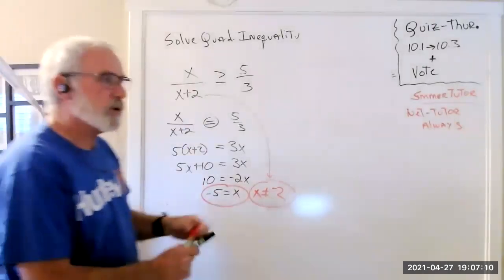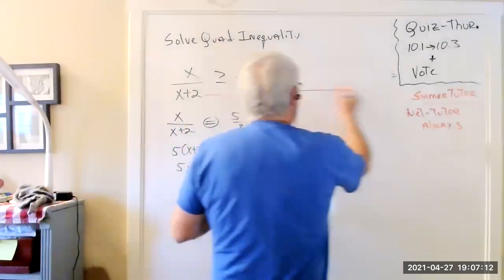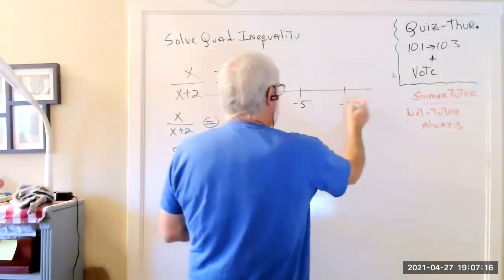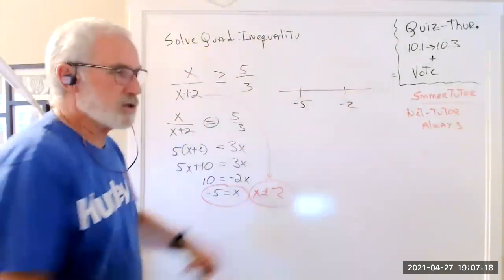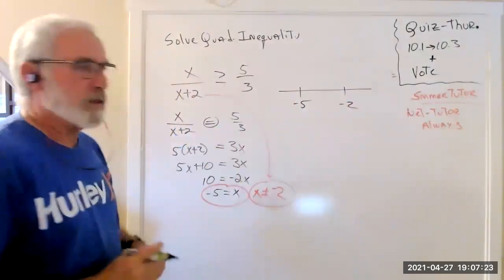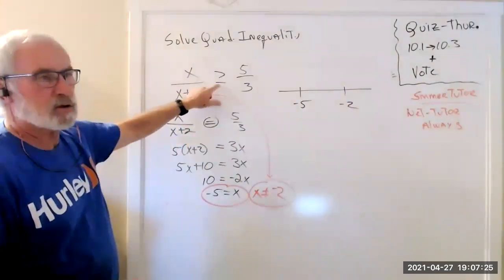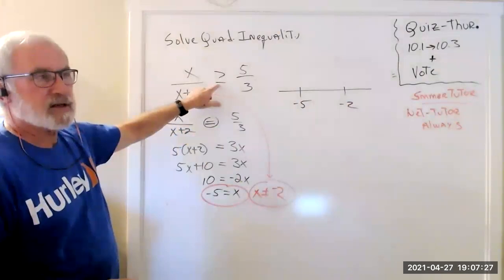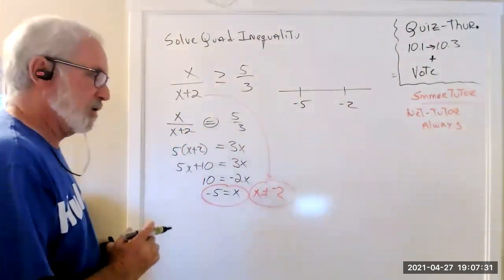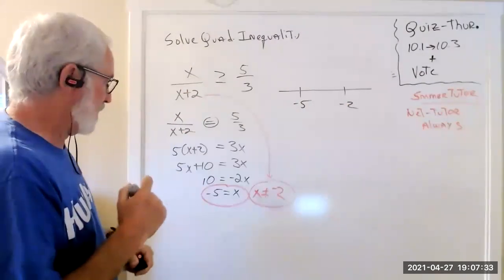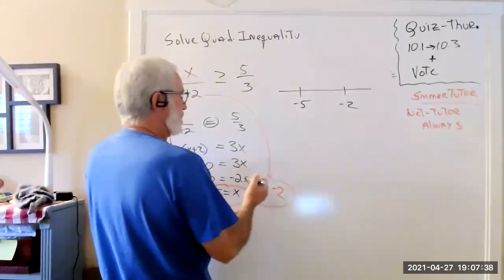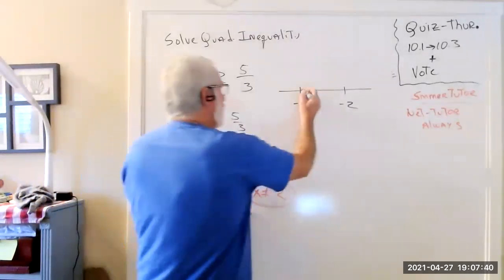Okay, so then we go to our interval test. We put -5 and -2 up here, and this is also hitting on Vince's question. Are they both solid? Because of that equal sign, are they both open? What happens? -5 is solid, -2 is open.